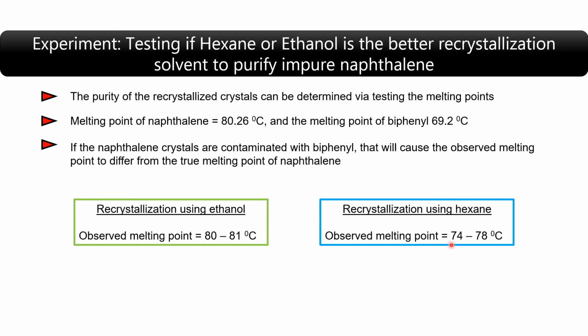By looking at this data, we can conclude that ethanol was the better recrystallization solvent. And in your discussion, you should explain why, what the theoretical concepts are that back this observation, like the differences in polarity characteristics between ethanol versus naphthalene and hexane versus naphthalene. You should explain that and link it to the observation that you saw in the experiment.